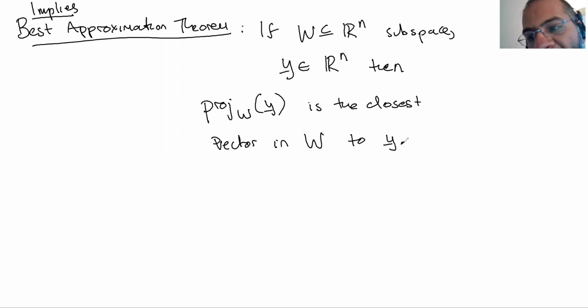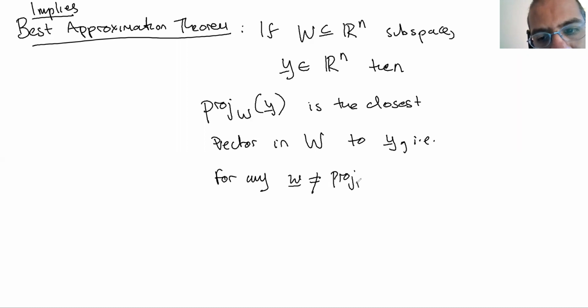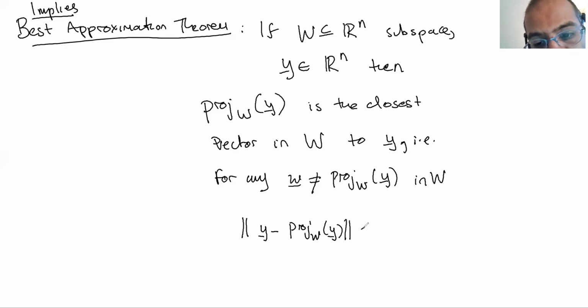And formally, what that means is that for any other vector in W, the distance between y and the projection is strictly smaller.